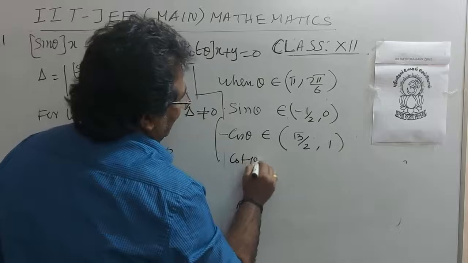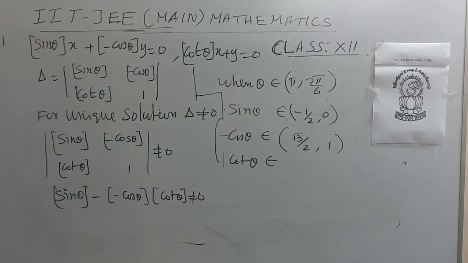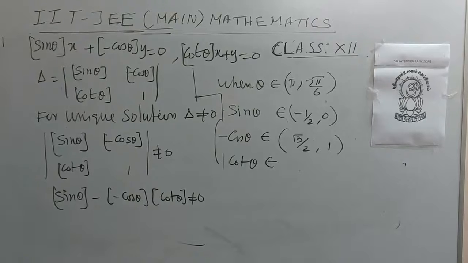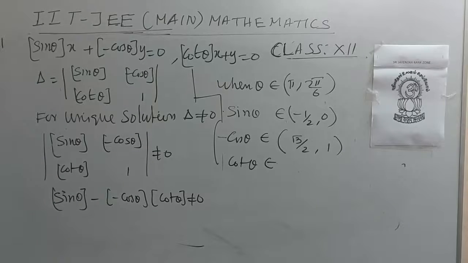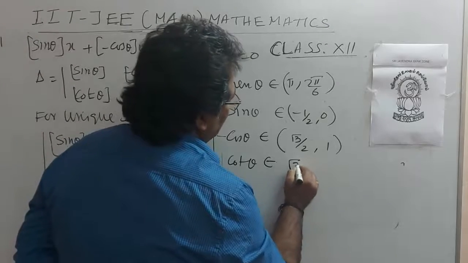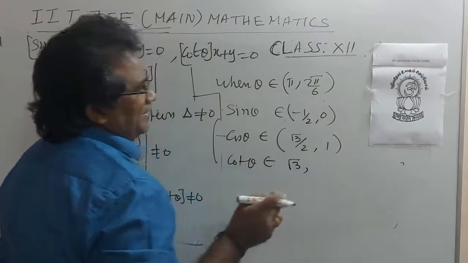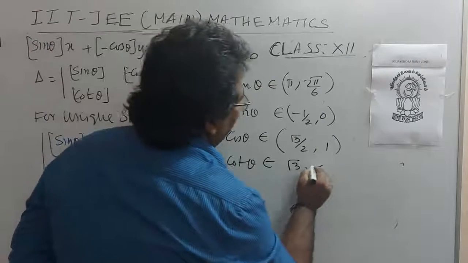Then cot theta: cot 210 is cot 30, root 3, and cot pi is infinity.